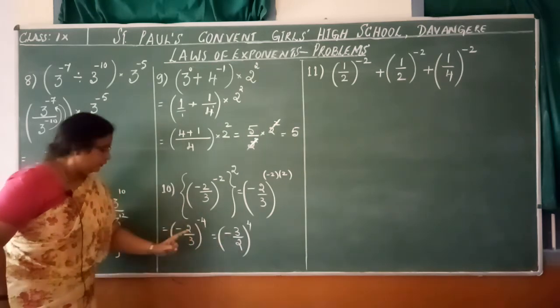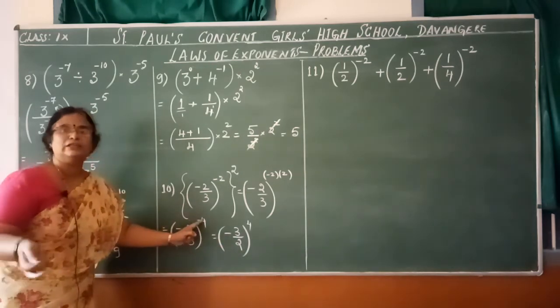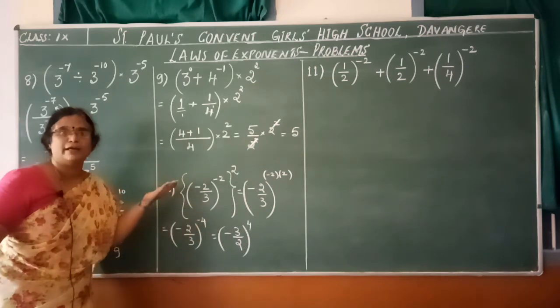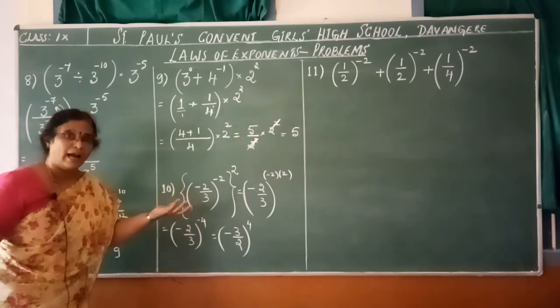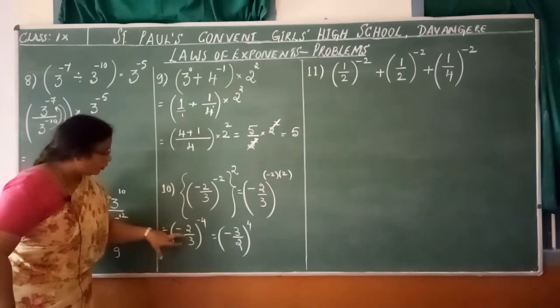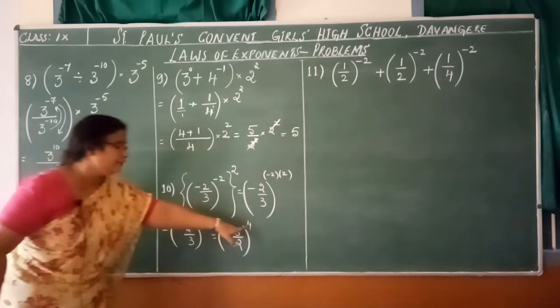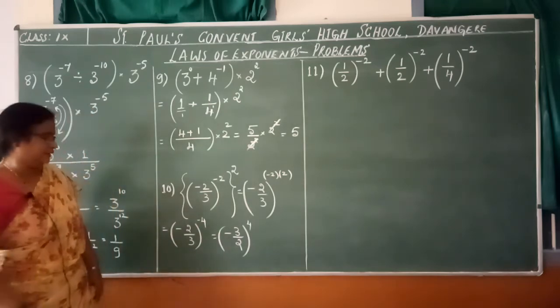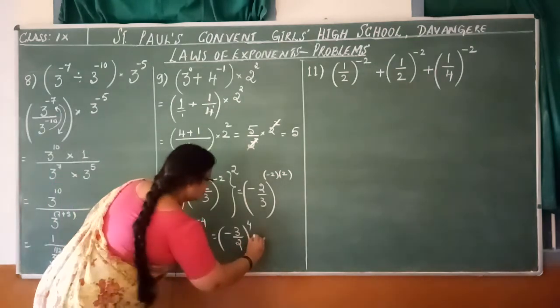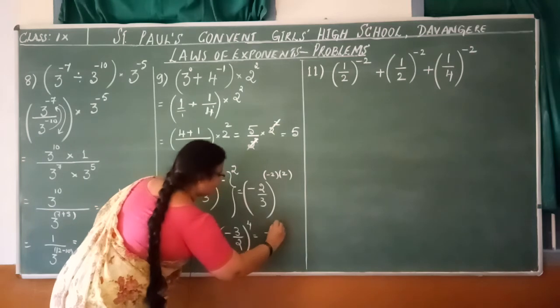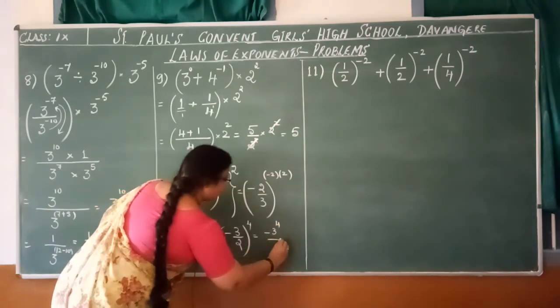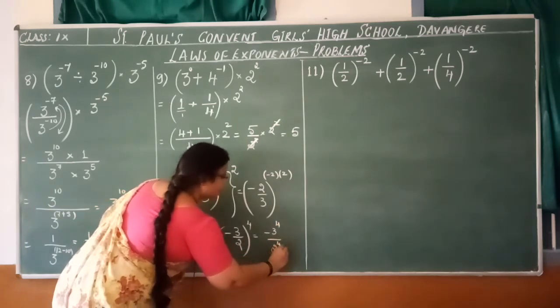When 3 to the power of minus 4 is rewritten as positive, it comes to the numerator. Instead of applying the fifth law and then coming back to the other law, here we will take the inverse and make this a positive index. That is equal to minus 3 to the power of 4 by 2 to the power of 4.